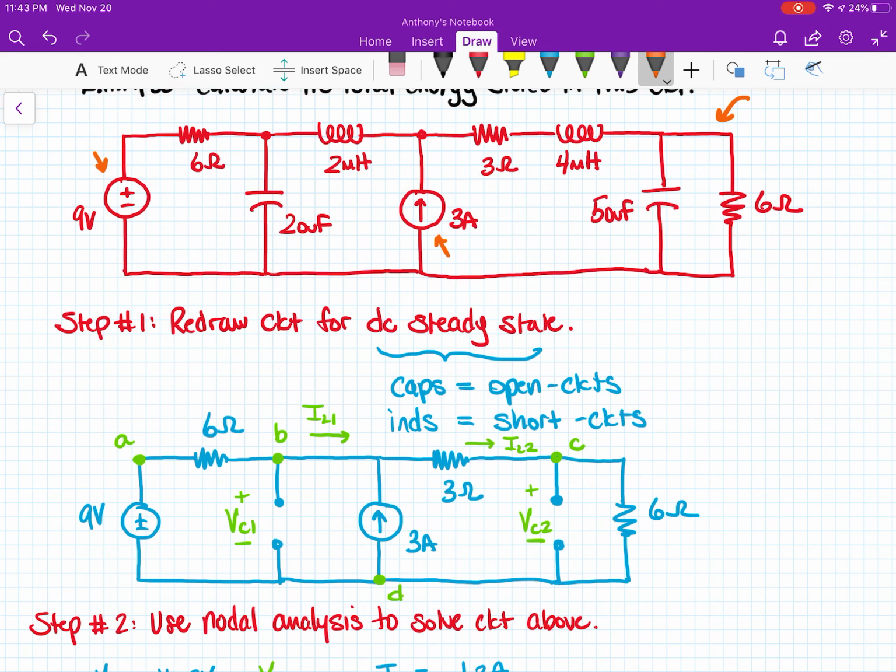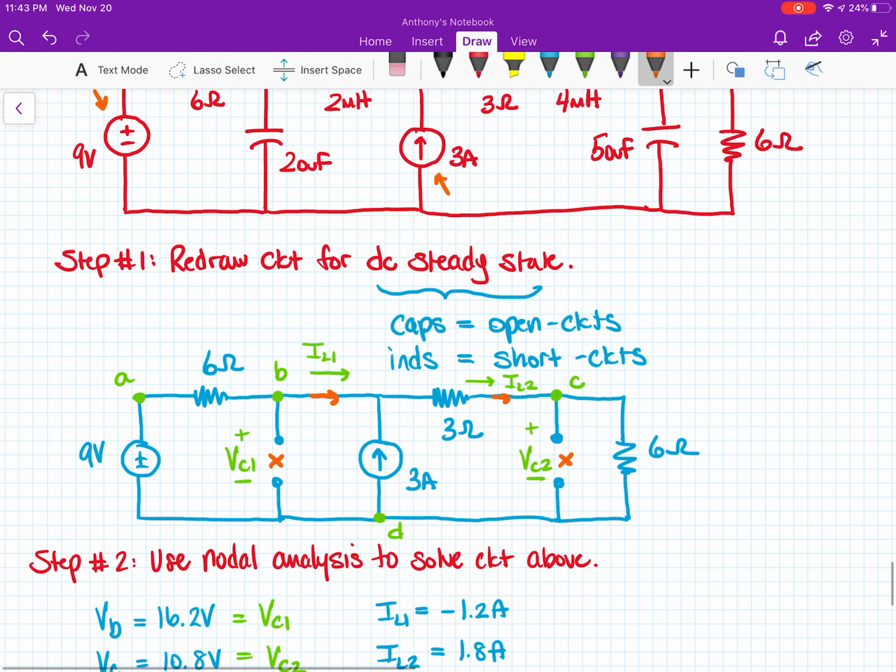For that, we are going to open circuit all of the capacitors, and we are going to short circuit all of the inductors. And what we end up with is a circuit that looks like this in the blue. Remember, we talked about this before, how to treat capacitors and inductors for DC steady state problems.